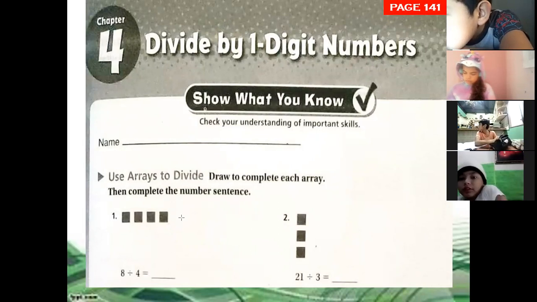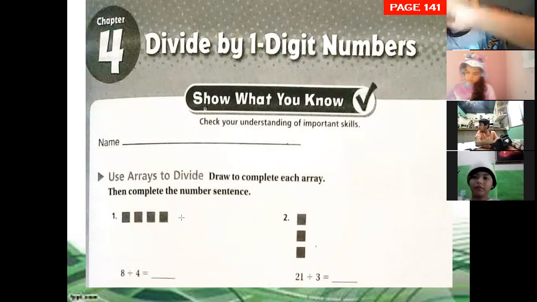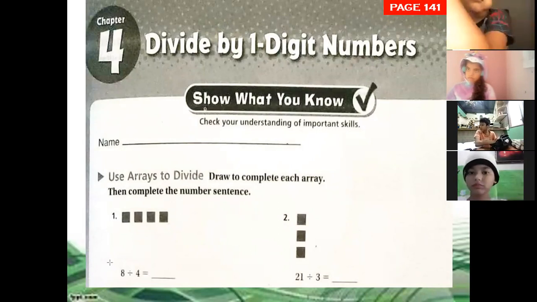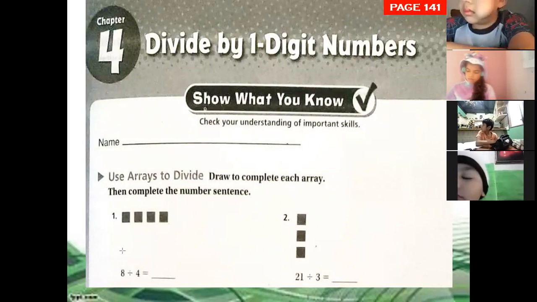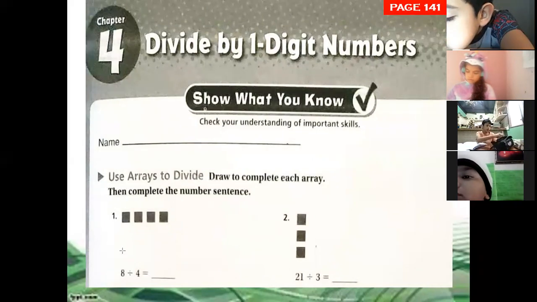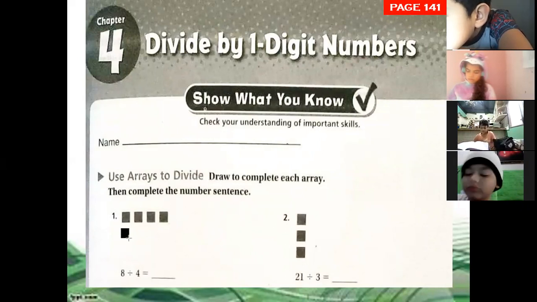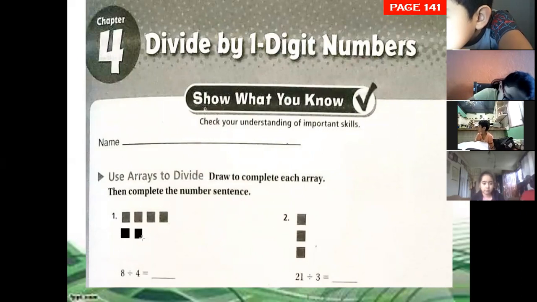How many do I have to draw? 8. I need 8 in total, but I already had 4. So it means that I need to draw other 4. 4 more. So draw the arrays in your book.